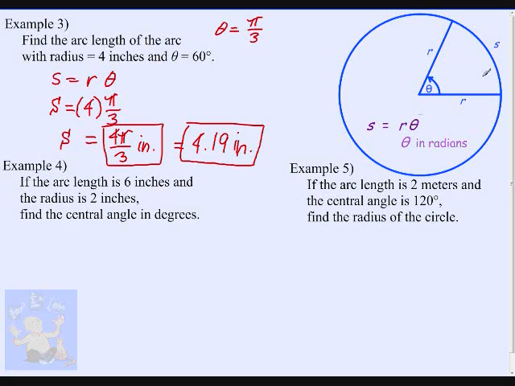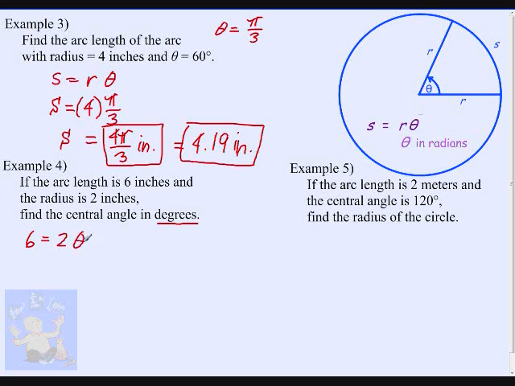So 4.19. If the arc length is 6 and the radius is 2, find the central angle in degrees. It's tricky because this formula is going to give you the central angle in radians. We're going to have to work through this. So the arc length is 6. The radius is 2.